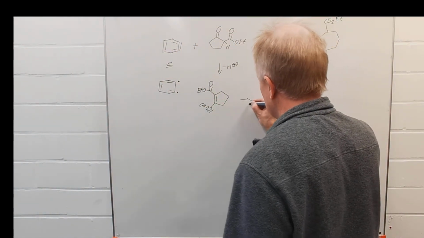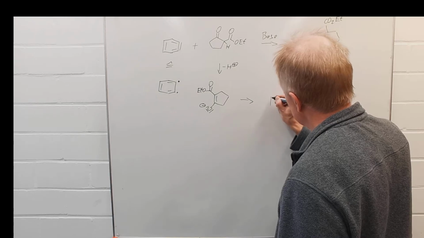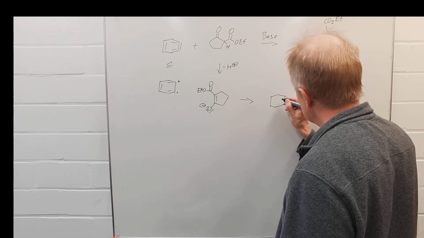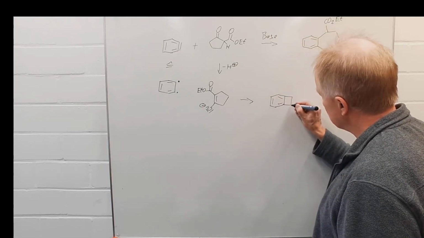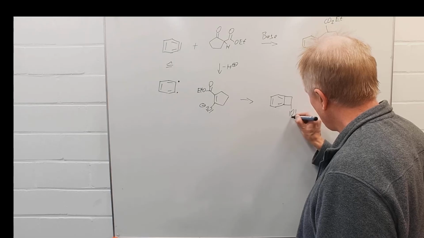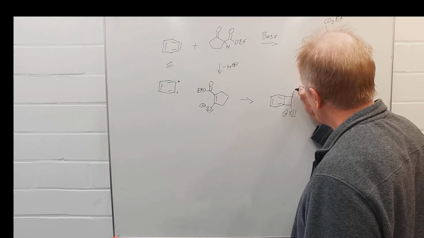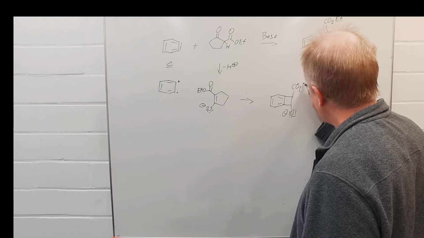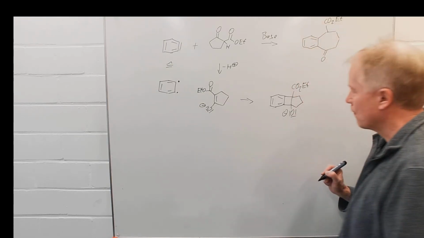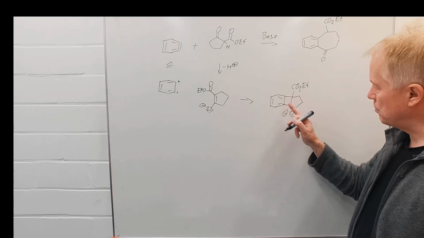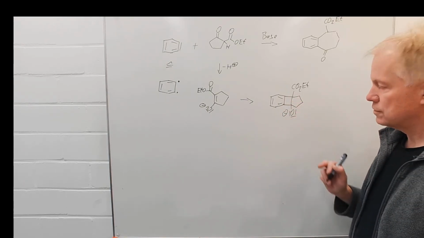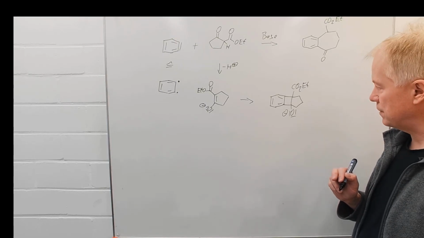However, the 2+2 cycloaddition will lead us to this structure with a central four-membered ring, six-membered, four-membered, five-membered ring, and now this C-C bond is rather weak.